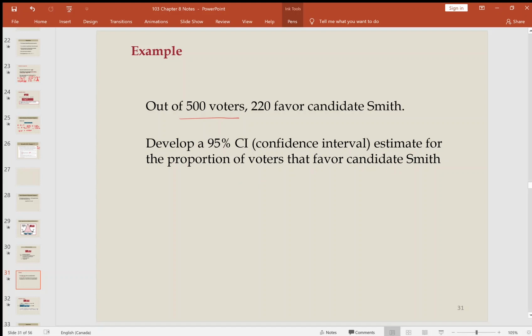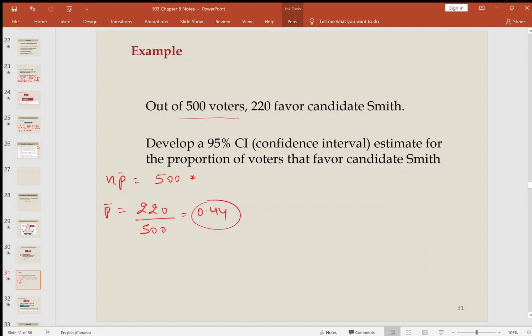So first of all, let's see N times P. So that is 500 times, so what is P here, or P bar? The sample proportion is the people who favor Smith divided by the total number of people. So 220 divided by 500 is 0.44.